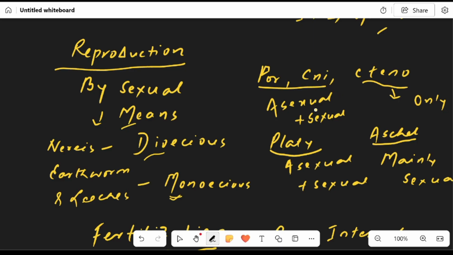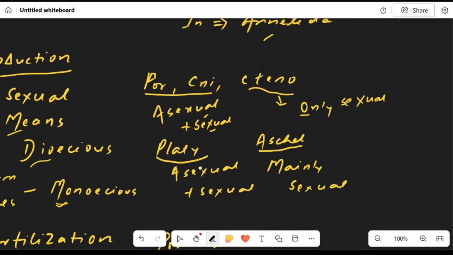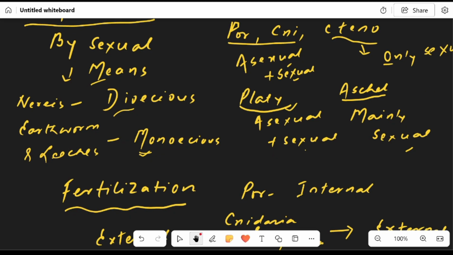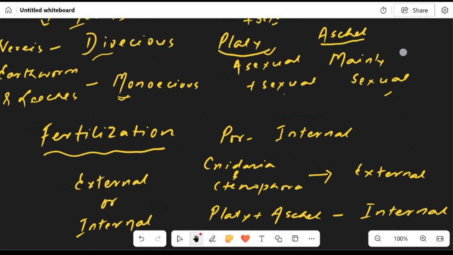Porifera and Cnidaria show sexual and asexual means, Ctenophora only sexual, Platyhelminthes asexual plus sexual, and Aschelminthes mainly sexual. And here in Annelida we also have the sexual means.